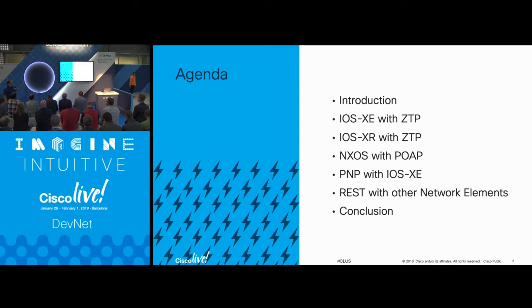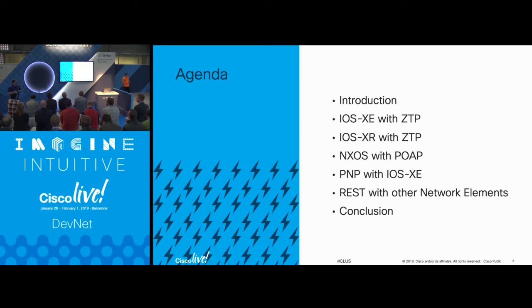We're going to talk about using our toolkit of zero-touch provisioning on iOS XE, on iOS XR, and on NXOS. There we call it POAP, right? Power on auto provisioning. We're then going to spend a little bit of time talking about plug and play, a toolkit we have within iOS XE devices.